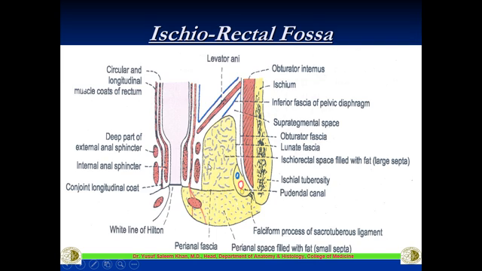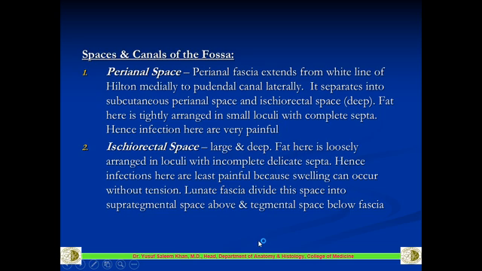I told you that it is filled with fat. Apart from the fat, there are some important contents, like one is the pudendal canal. So this fascia which extends from the white line of Hilton to the pudendal canal, this is called the perianal fascia, and whatever is superficial to it, or below it, that is called the perianal space.